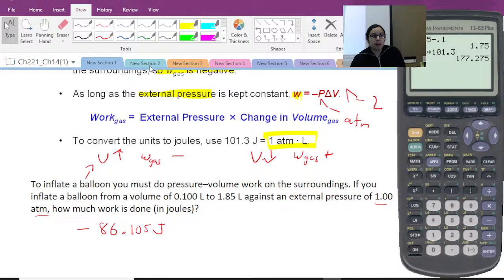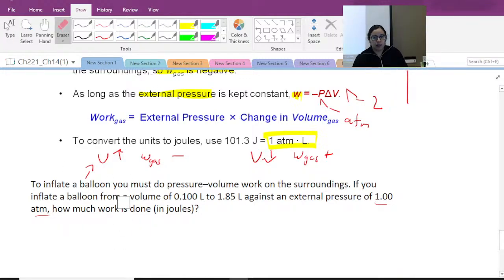Yep, okay. So did we get 177 then? Yes. So I'll just work it out. So 1 ATM times 1.85 minus 0.1.